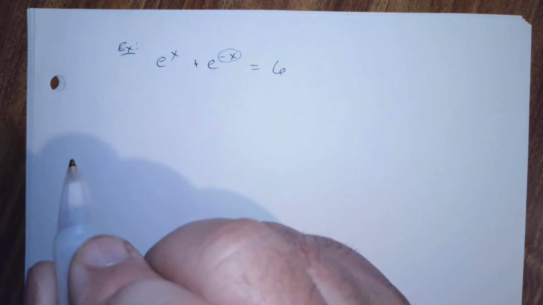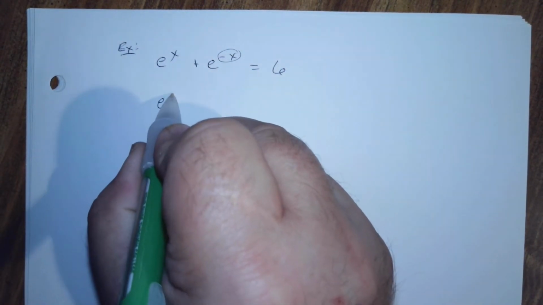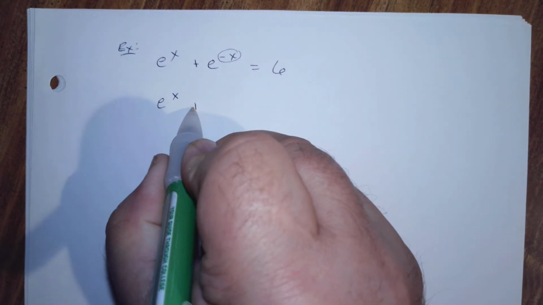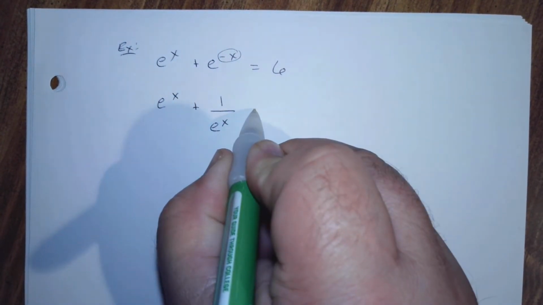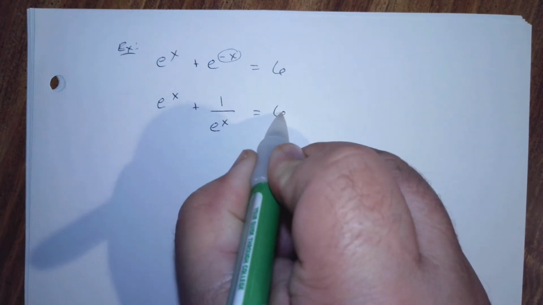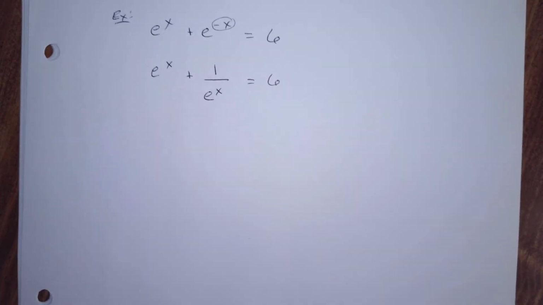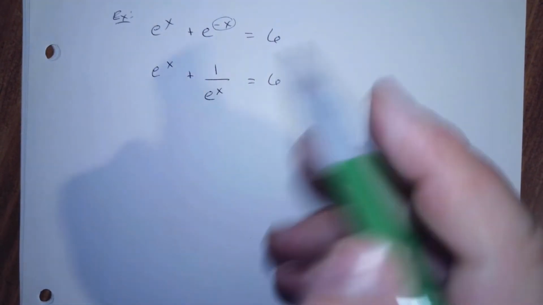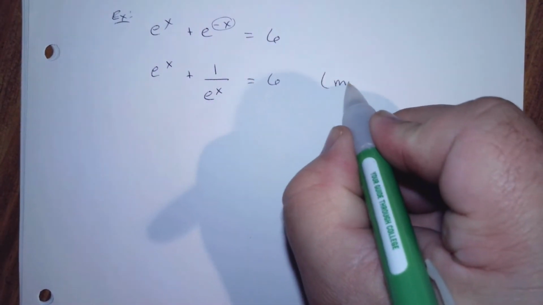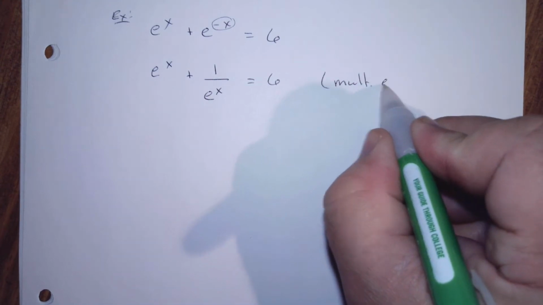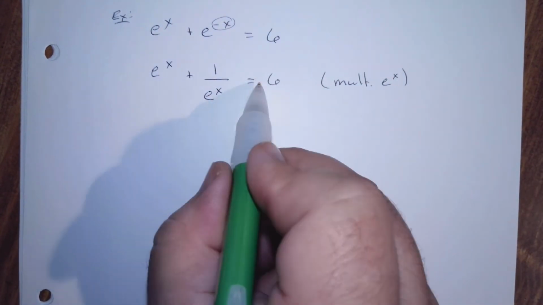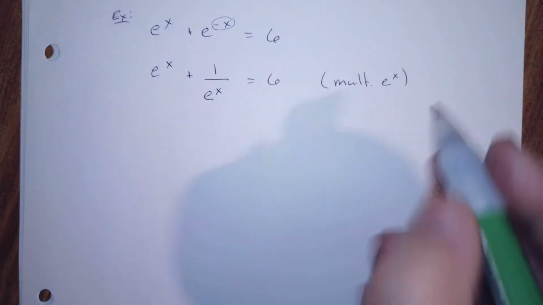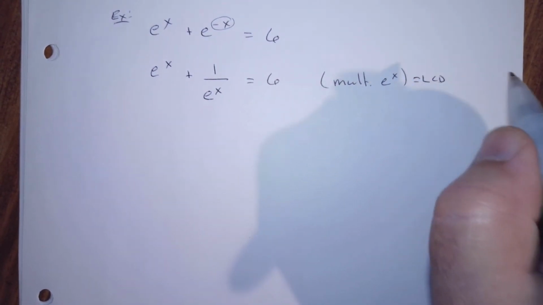We don't want to have negative exponents, so this negative exponent makes it go on the bottom. We have fractions and an equal sign, so if we multiply the whole thing by e to the x, remember whenever you have fractions and an equal sign, you multiply by the LCD.